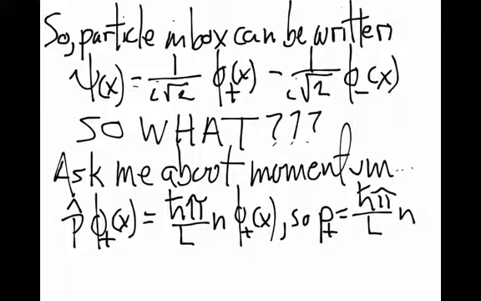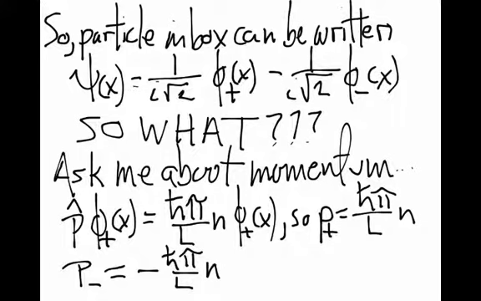And then p plus is the eigenvalue that comes out of phi plus when we operate on it with p hat being the operator. So p plus is the eigenvalue, and it's a constant, h bar pi over L times the quantum number n. Likewise, p minus, where the minus sign comes in, is minus h bar pi over L times n.